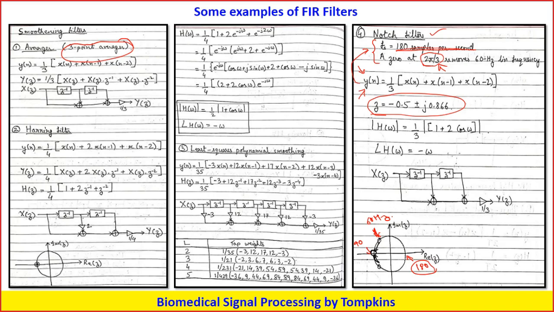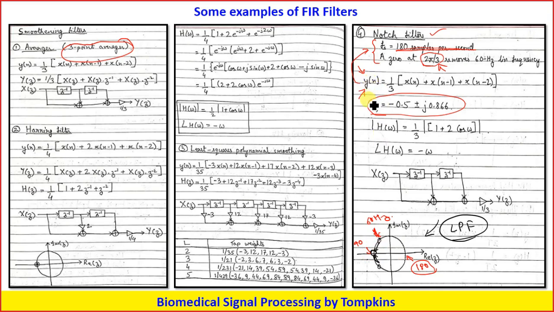When it comes out to be at z equals to -1, then the whole system becomes a low pass filter. Okay, it becomes a low pass filter. It allows lower frequency components. However, at the highest frequency, it will stop the frequency component.